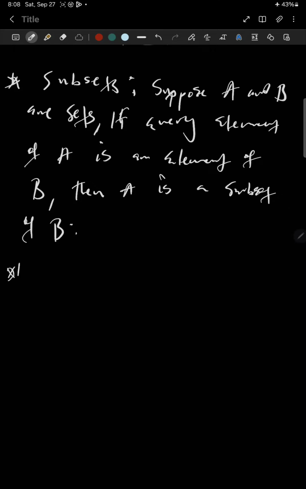A second definition: equal sets. By equal sets, what do we mean?